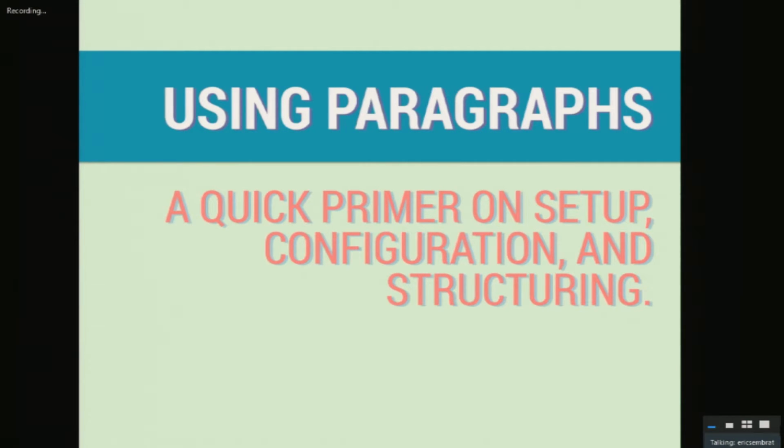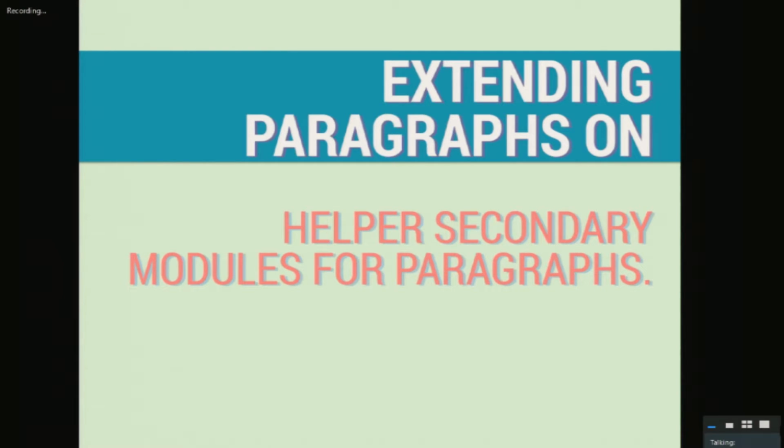We'll go into a little more detail, and I'll take your questions, and we can talk about topics or areas of paragraphs that you have questions, concerns, or comments about. And finally, looking at paragraphs and how to extend it: what modules exist out of the box to give you a little extra flexibility for markup and for default values. And with that, these slides are complete.